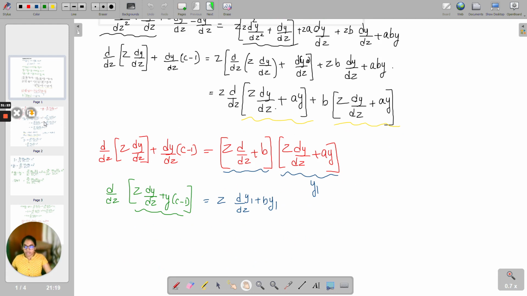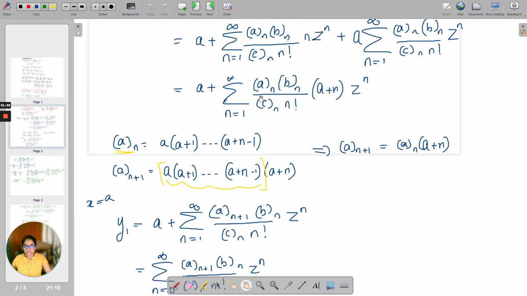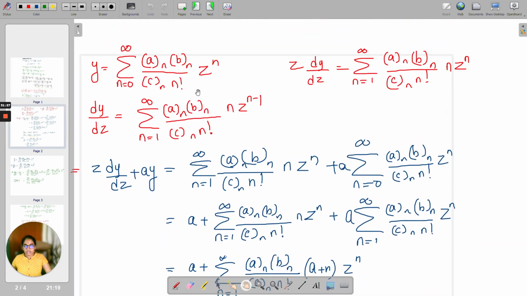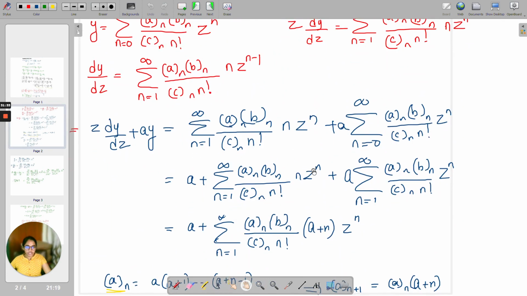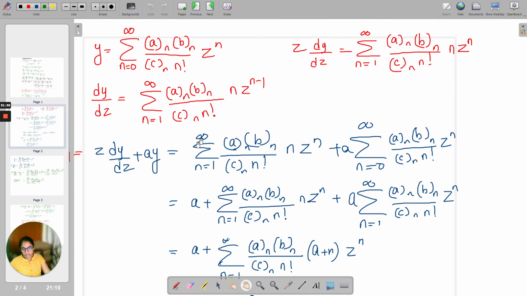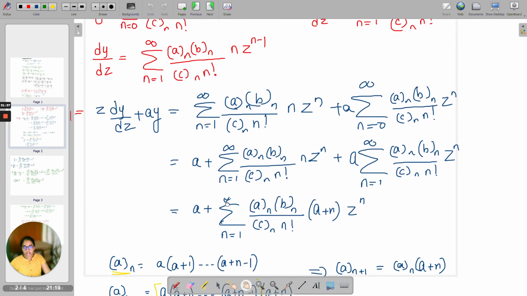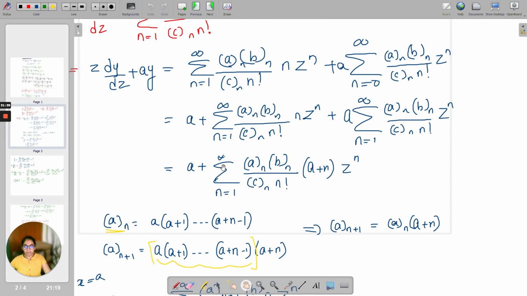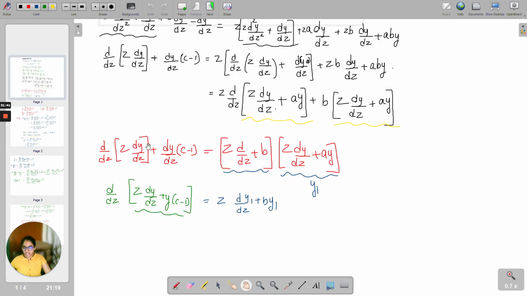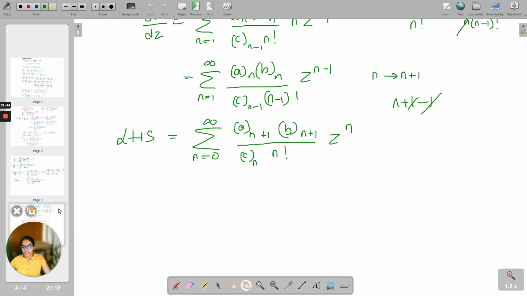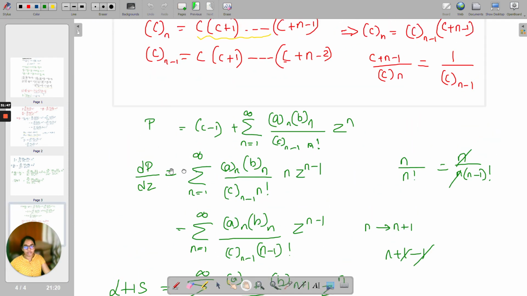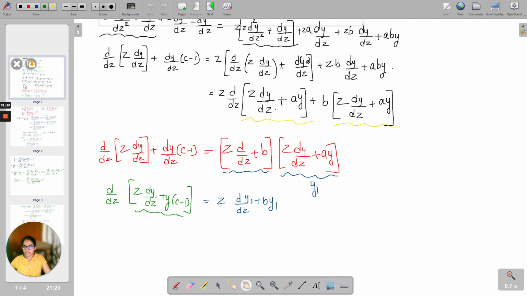For the hypergeometric series, we took y equal to summation (a)n (b)n divided by (c)n n factorial into z power n. We differentiated it and multiplied it with z, because that is how the equations are. We substituted back in the LHS and RHS, and we proved that it is the same using the hypergeometric series.